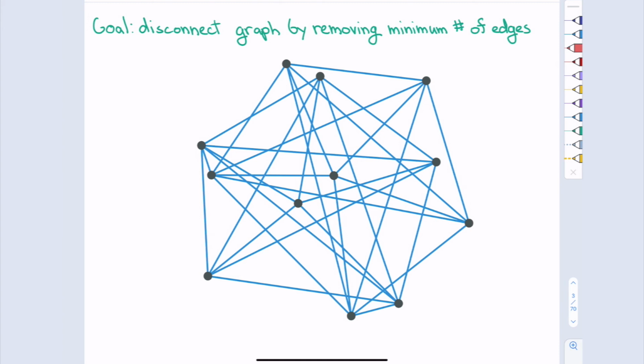What is the minimum number of edges you need to delete to disconnect this graph? Did anyone get 5?